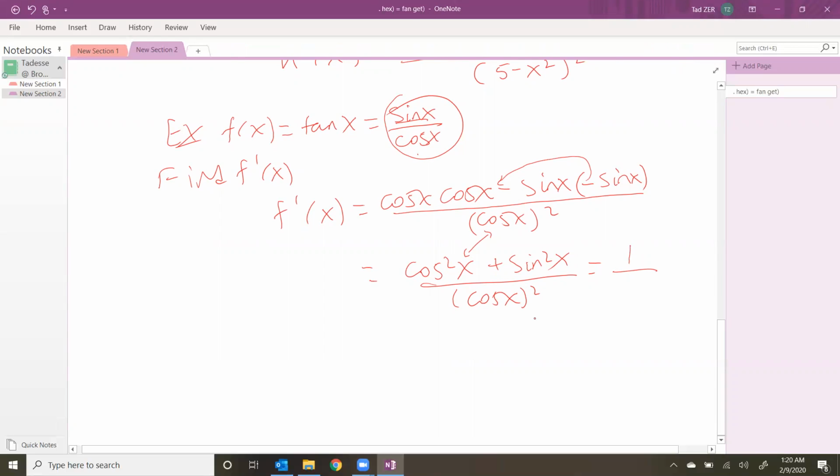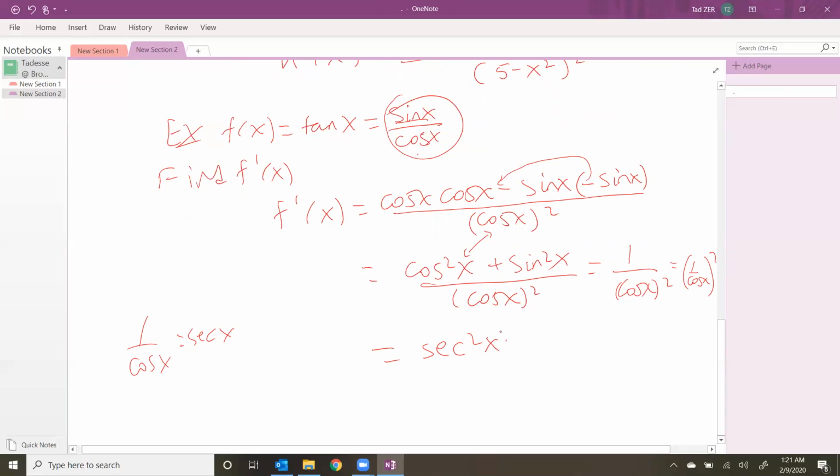So this is 1 divided by cos x the whole square. 1 over cos is sec, right? So 1 over cos square x is the same as 1 over cos x the whole square, so this will be sec square x. That will be the derivative of tan x.